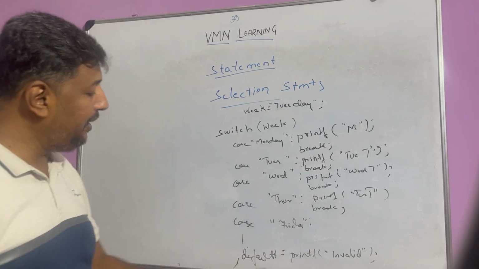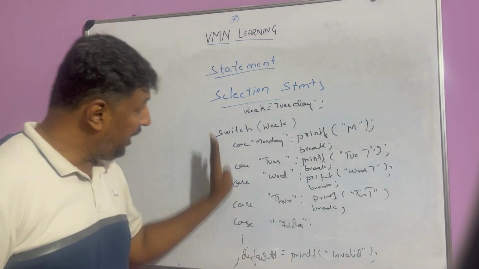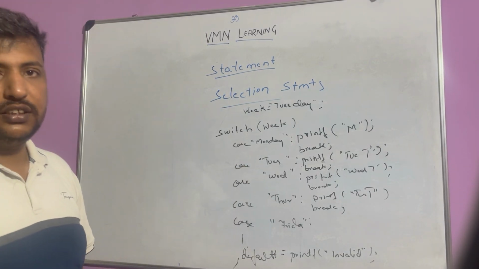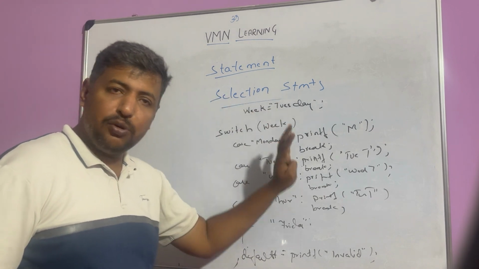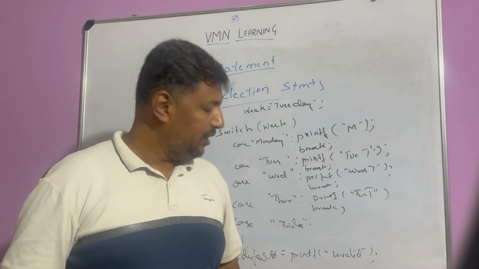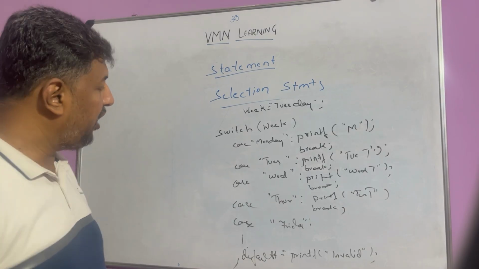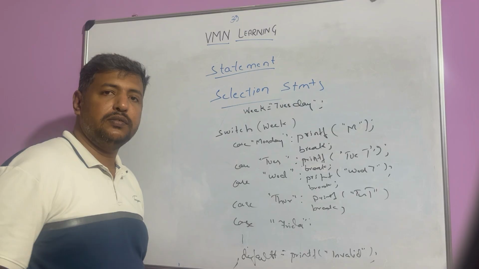And default, what is default? If nothing is matched, say some garbage value we gave, then it will print invalid. This is where the default comes in. This is how the switch will look.